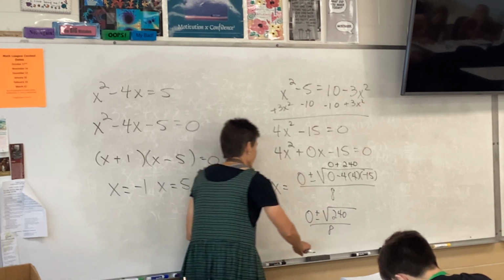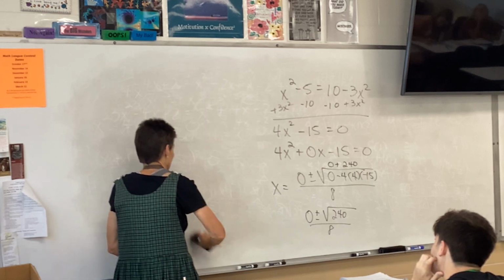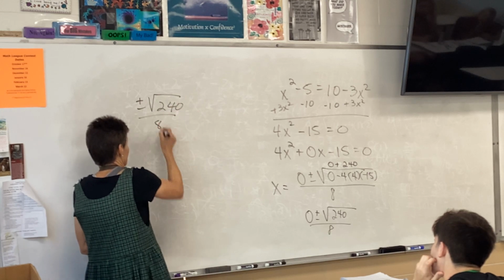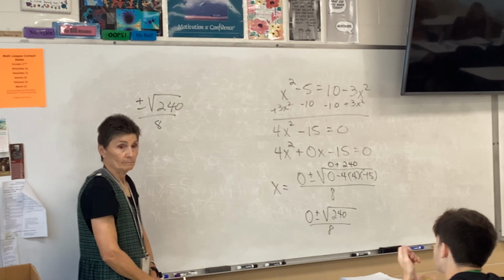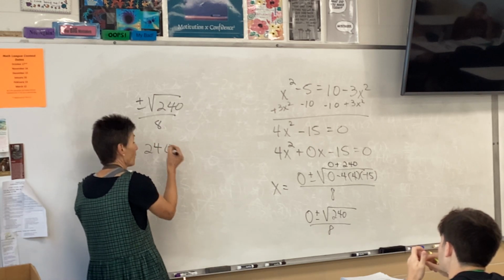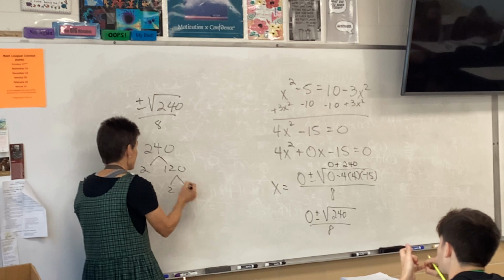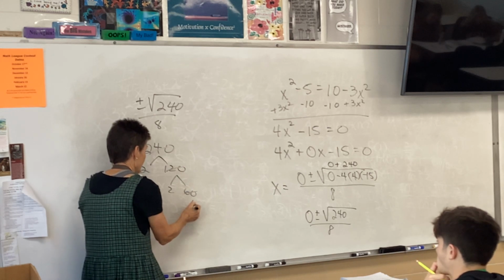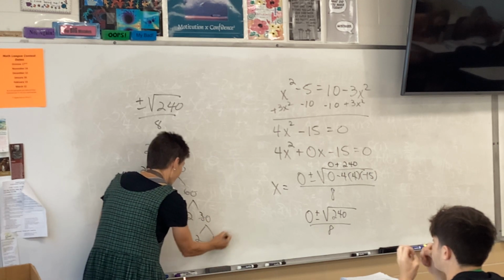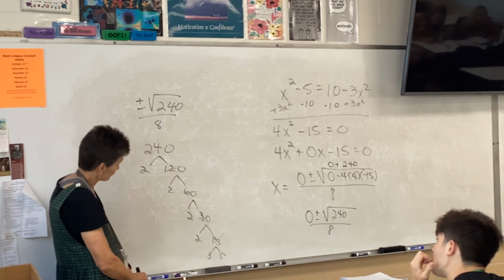Now what? That looks a little different. What now? Yeah, we're gonna break it down. So 240, and you'll break it down however works for you. I'm gonna do 2 and 120, and 2 and 60, and 2 and 30, and 2 and 15, and 3 and 5.